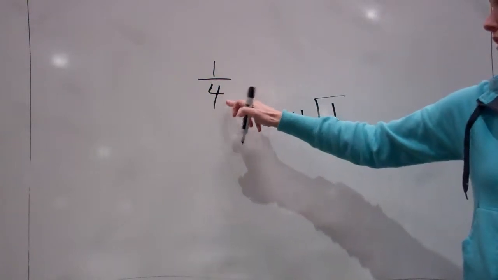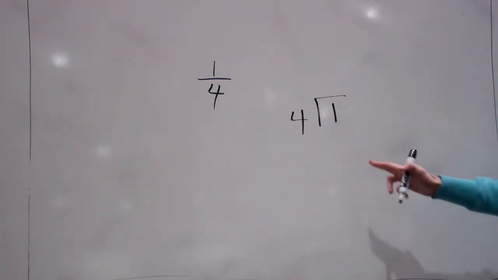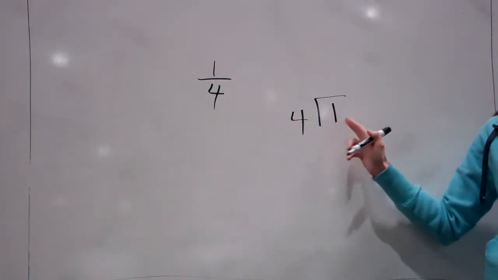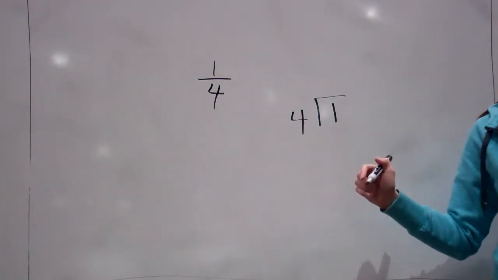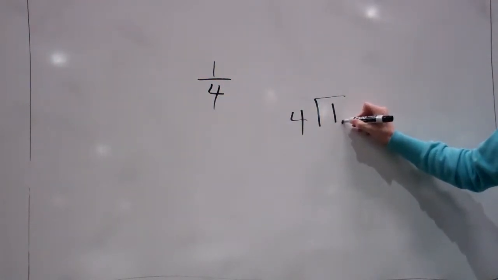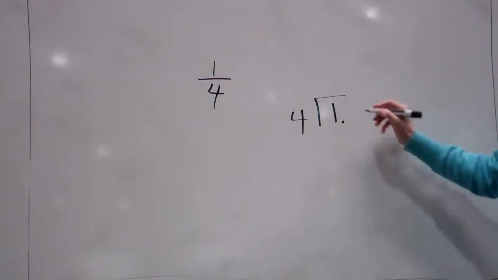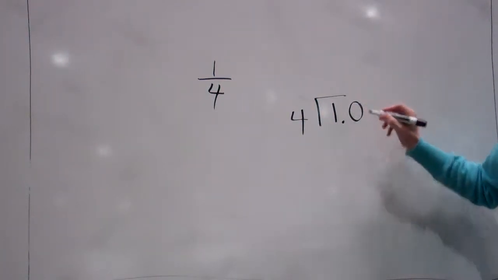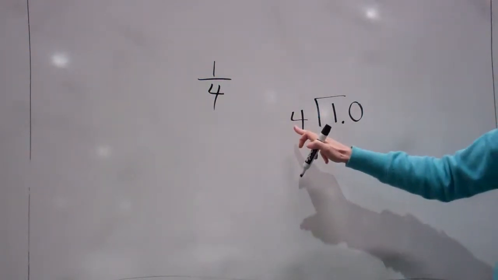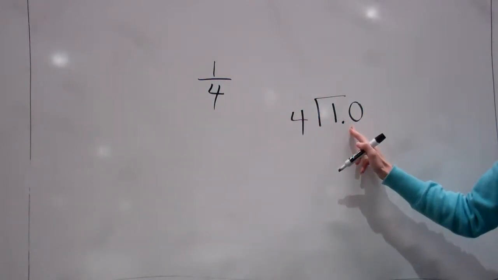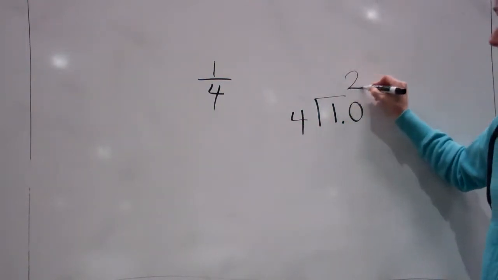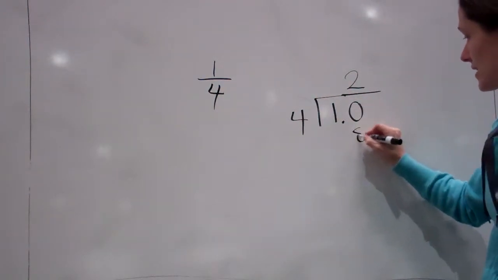1 divided by 4. And then what happens, because 4 won't go into 1, so what do I have to do? You add a decimal. Okay, the decimal's already there, even if you can't see it, remember? And then you start adding your impending zeros. Very good. Okay, so now will 4 go into 10? Yes, 2 times. Okay, 4 times 2 is 8.